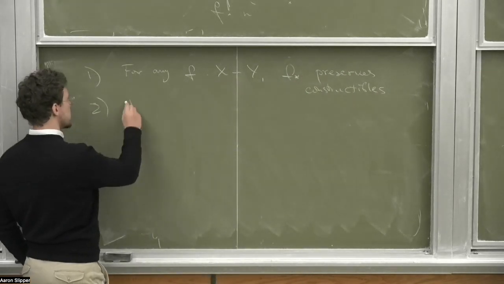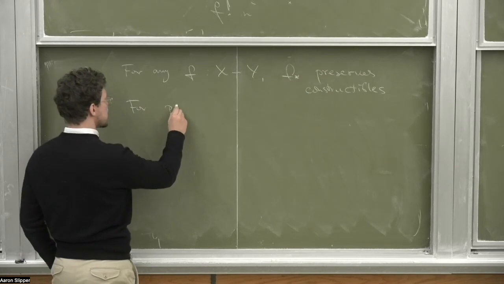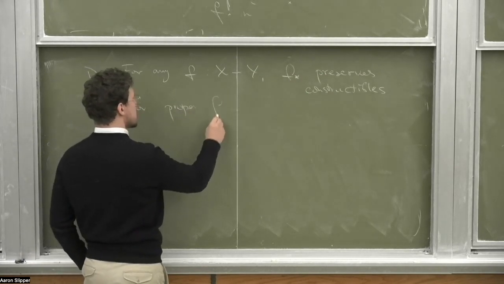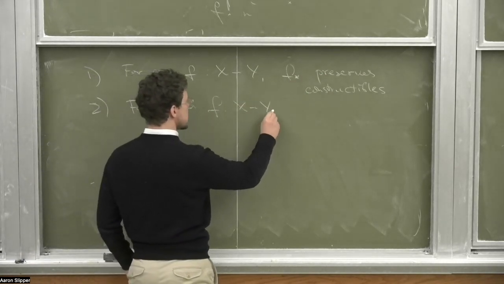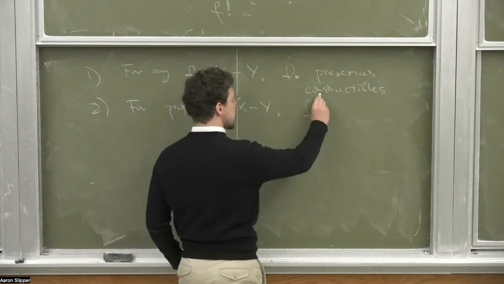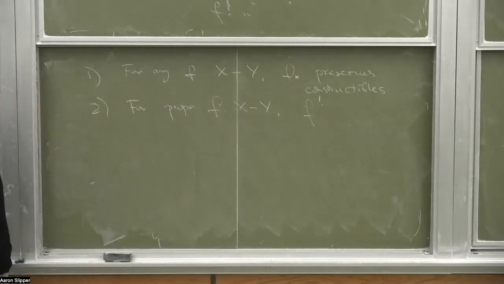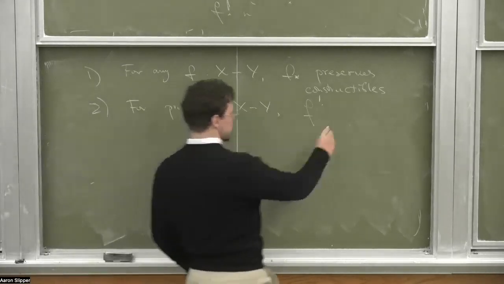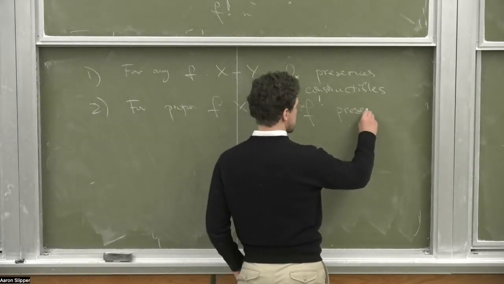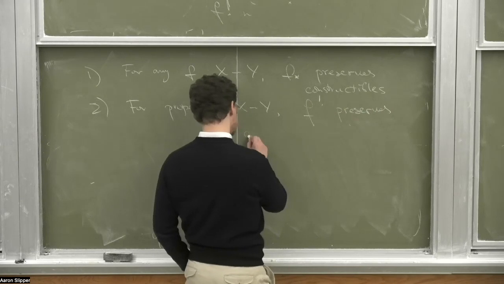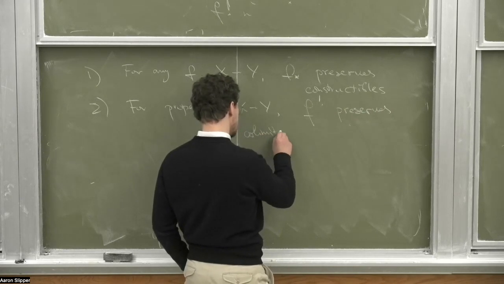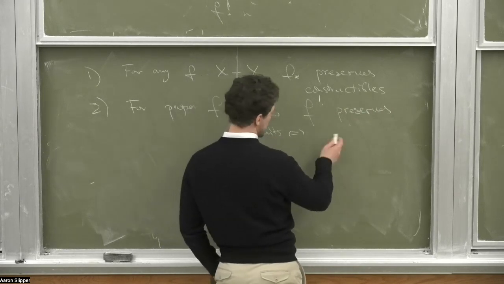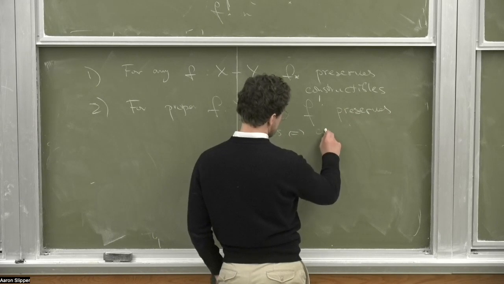And for proper f from X to Y, f upper shriek preserves the whole units, or equivalently preserves constructibles.